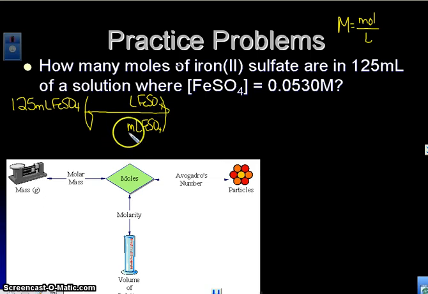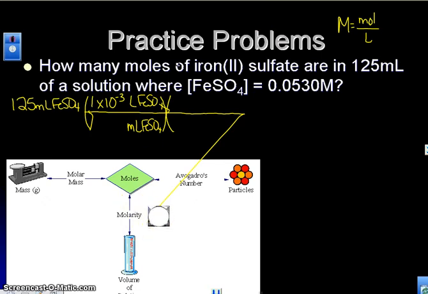Our scientific notation for milli is 1 times 10 to the negative 3, and we want to put that with liters because liters are our base unit, our unit without a prefix. And then now that we've determined our liters, we want to go from liters to moles using molarity.